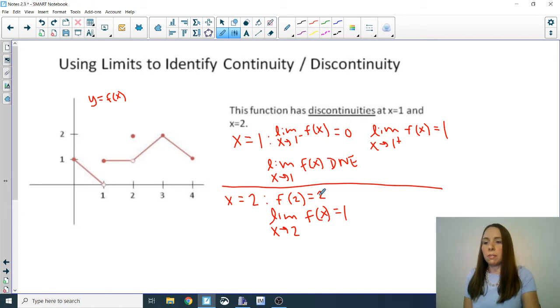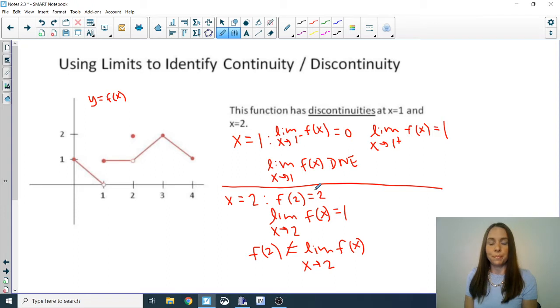So we have our function value existing. We have the limit existing. However, they don't match. So I would finish by saying f of 2 does not equal the limit as x approaches 2 of f of x. And that's our reasoning for why there is a discontinuity at x equals 2.